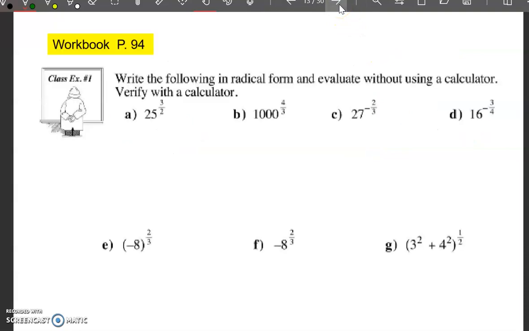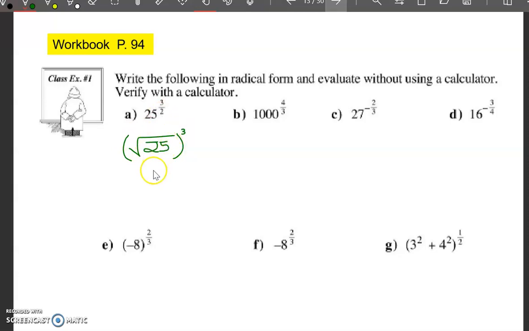Okay, so here are some examples on page 94. Class example number 1. In the first one, no negative there, just a normal base with a rational exponent. So I will write that as 25 square root, the 2 is invisible, and then I will cube it afterwards.